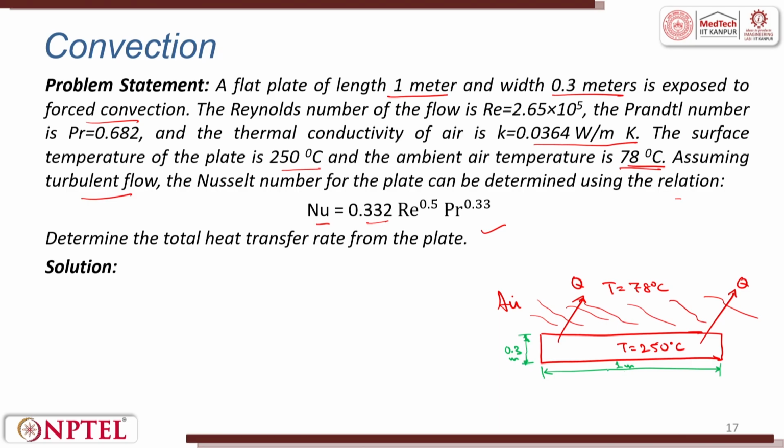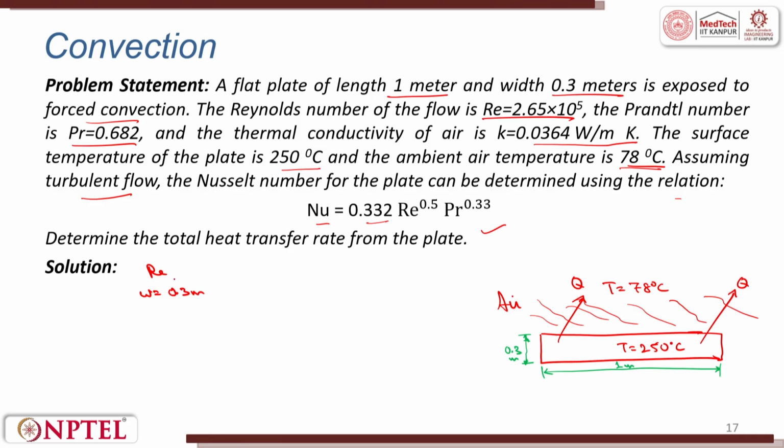Now we have with us the Reynolds number, the Prandtl number, the width is W, that is 0.3 meters.